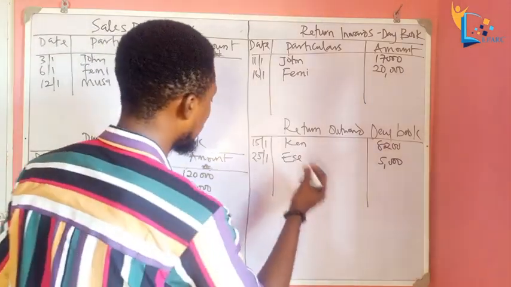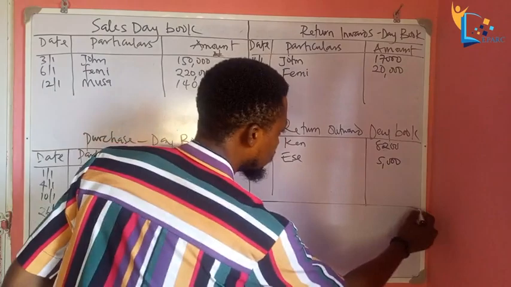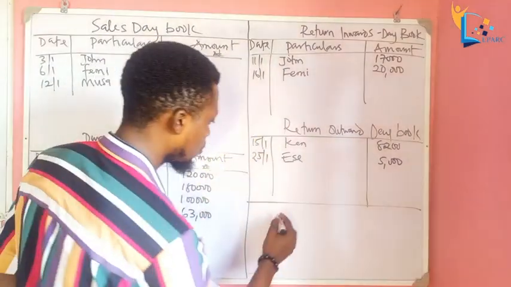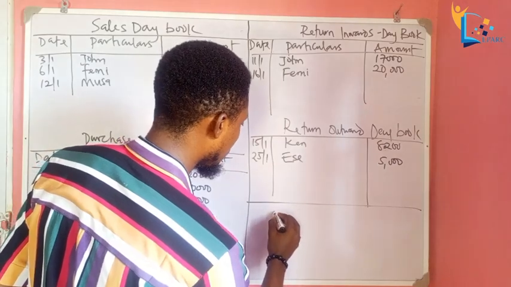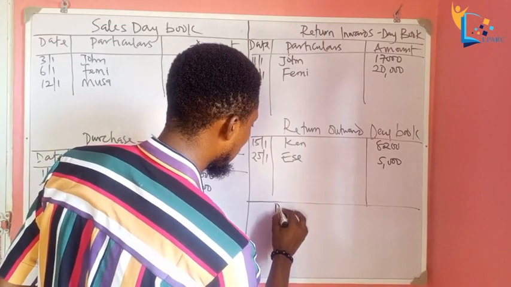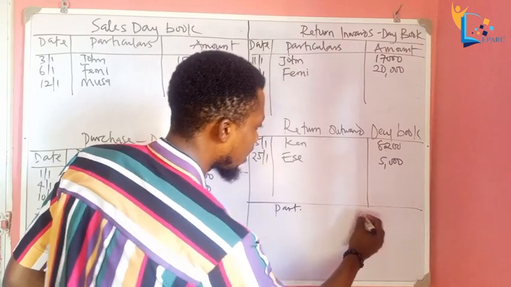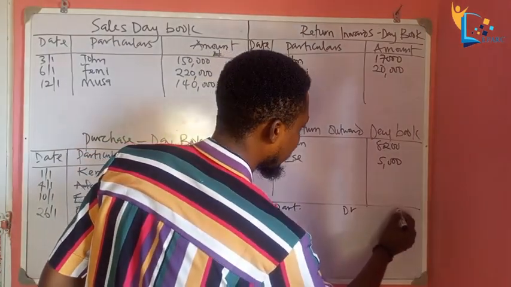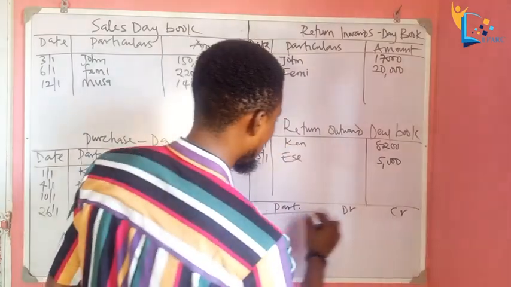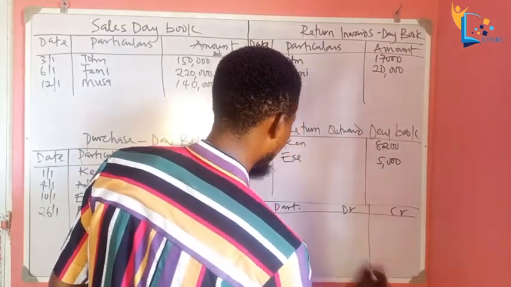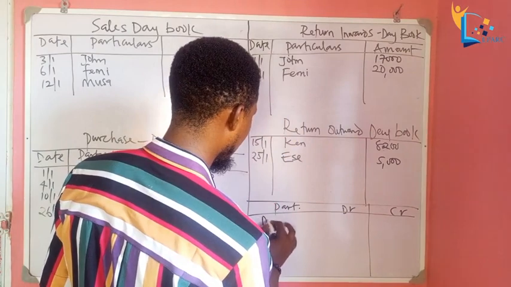Okay? So let me use this place. I hope you can see it. Okay, so we have particulars, we have debits and credits. So here we have drawings.